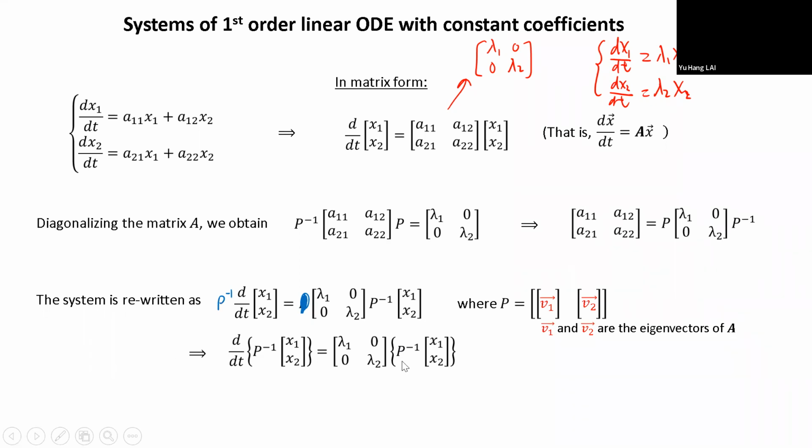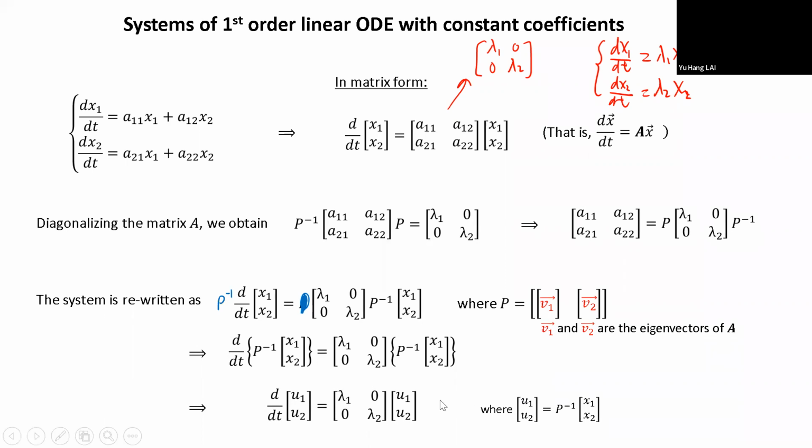It is another, linearly transformed vector, still a 2x1 vector. So I can call this P inverse x a new vector, a new set of variables, which I call U1 and U2.